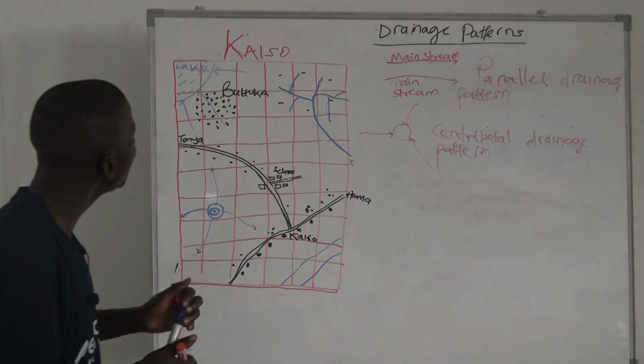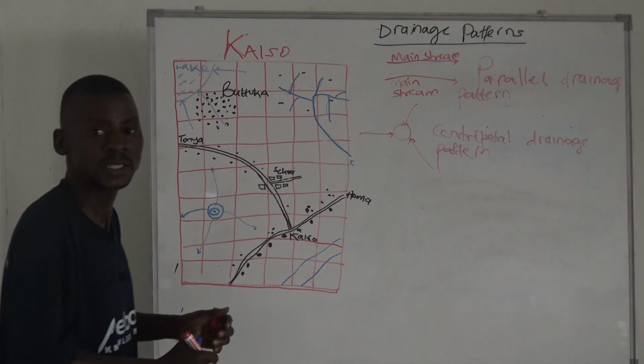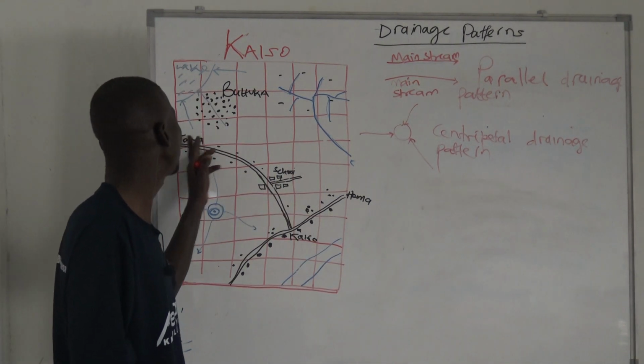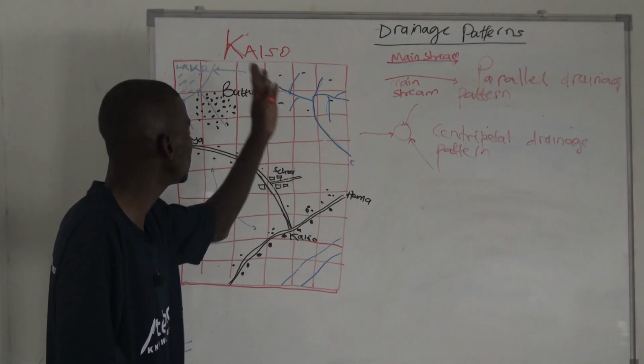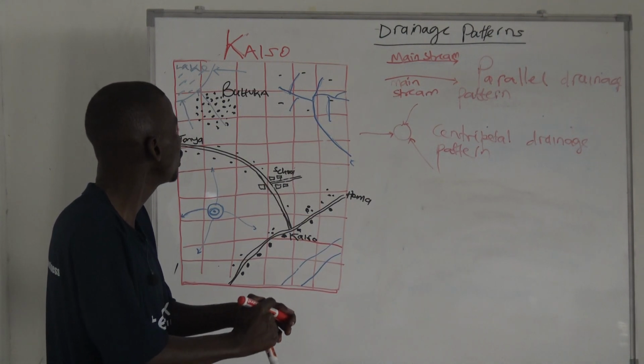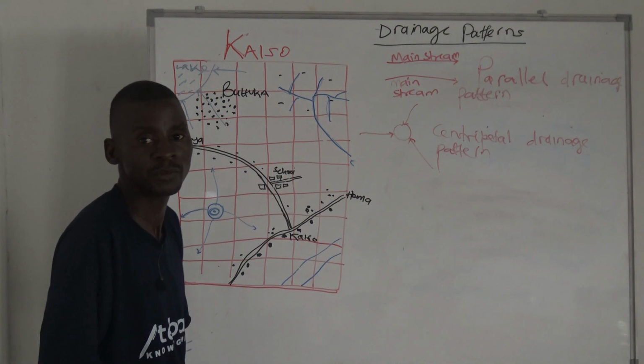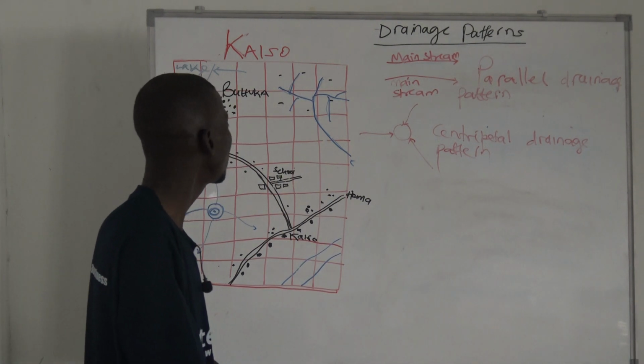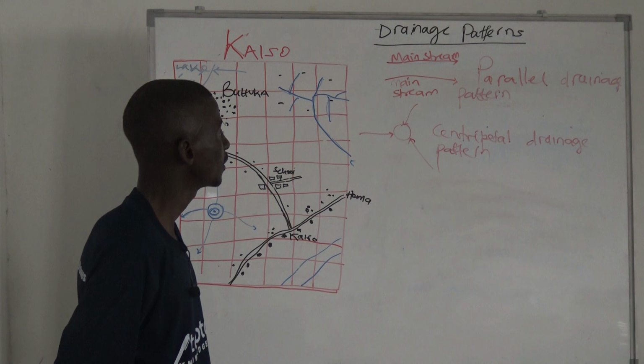So you check in your map very well, check how the river systems are being displayed, and you will tell the type of drainage pattern depending on how the river systems are being displayed on the map.